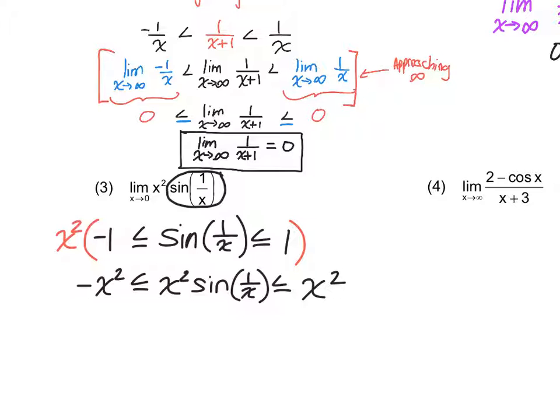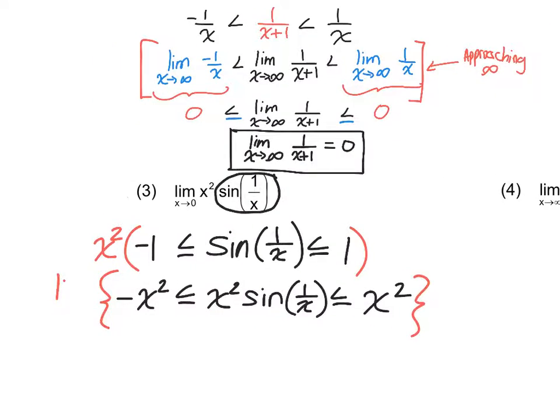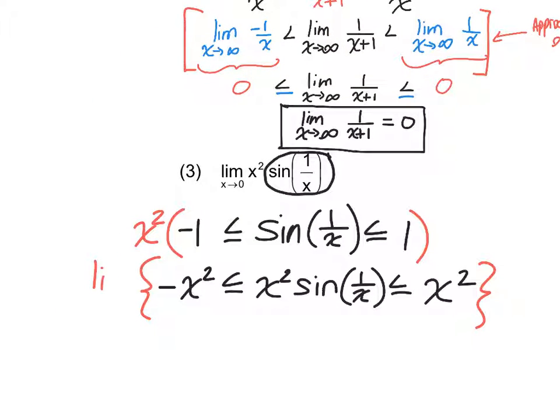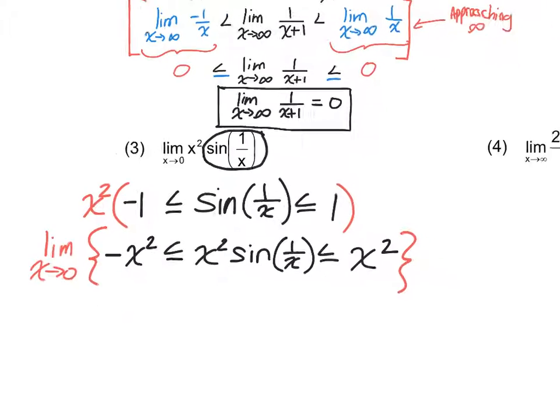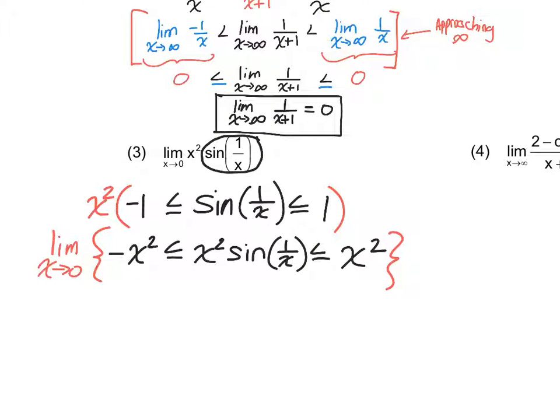All right. So then I'm going to find the limit of the whole thing. Little shorthand notation. All right. So when I write it like this, it's implying that I'm taking the limit of each part. All right. So the limit of my lower bound would be what? 0. What about my upper bound? 0.